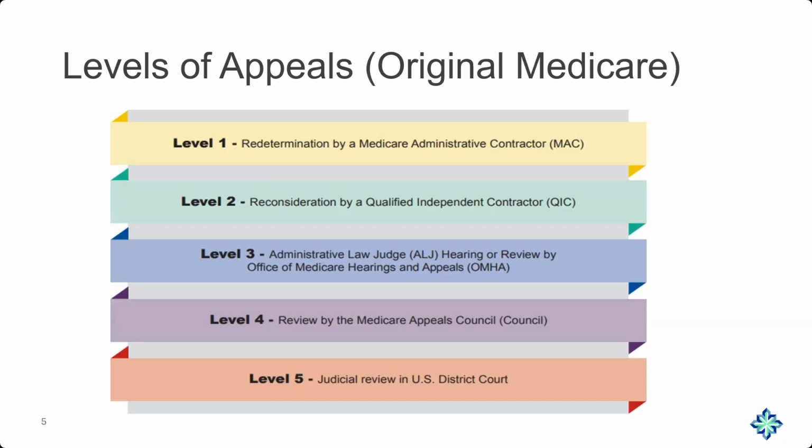Next is a hearing before an administrative law judge or attorney adjudicator review at the Office of Medicare Hearings and Appeals. Level 4 is a review by the Medicare Appeals Council. And the final level is a judicial review in the U.S. District Court.